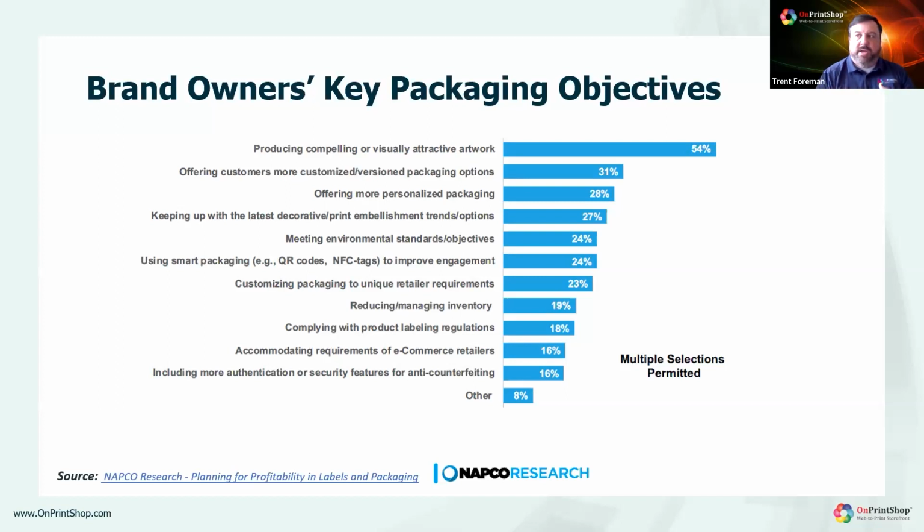When we're talking about keeping up with the latest decorative print, maybe you've been doing a label on a package one way for the last 4 or 5 years. It's time to change things up. You're not necessarily sitting on just a massive inventory of stock. And then you look at where everything is. What I think is interesting is that there are still a lot of factors that go in there, like meeting environmental standards and objectives, using smart packaging, having a QR code or a tag to improve engagement.